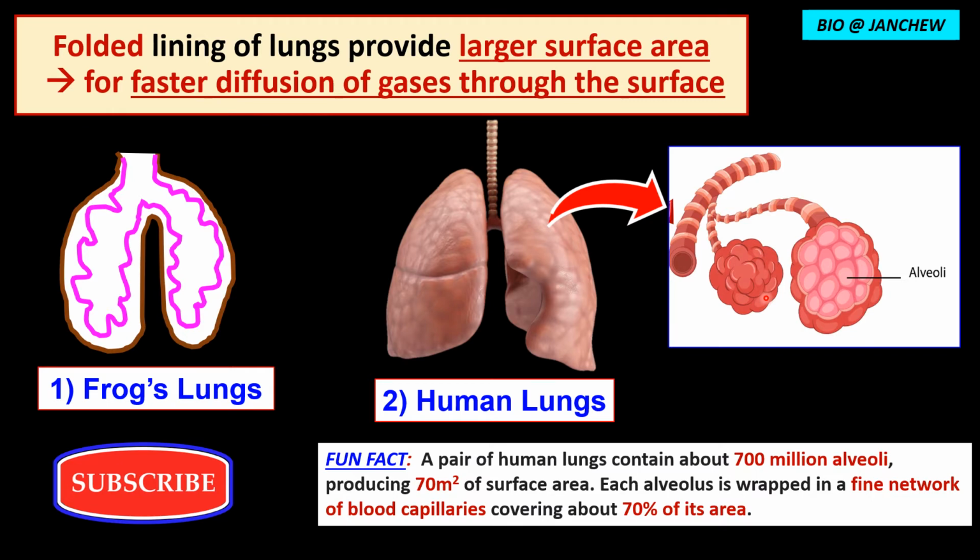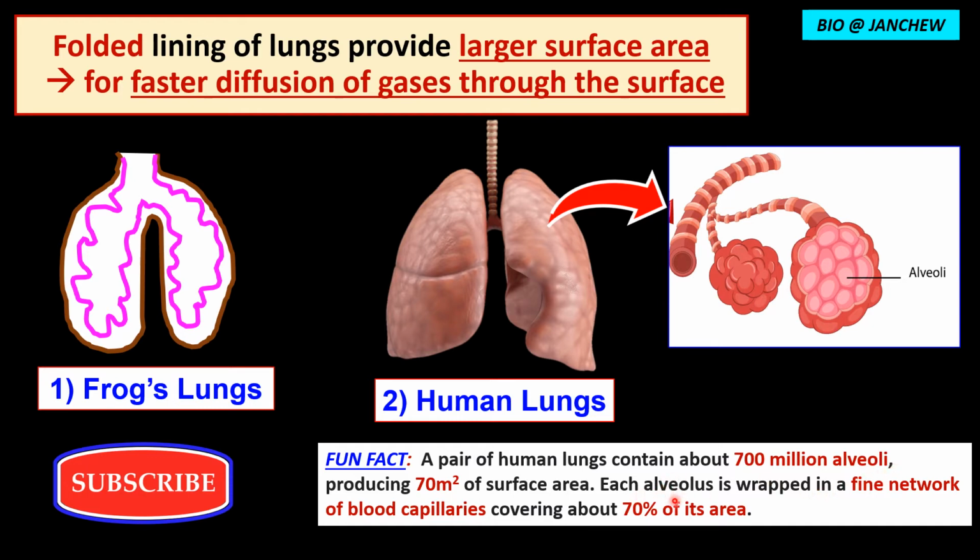Think of a field that is 7 meters by 10 meters. That's a very big field. And that is the total surface area of all the alveoli in our lungs, for faster gaseous exchange.